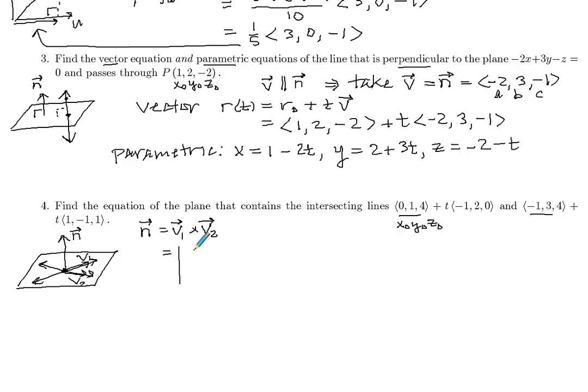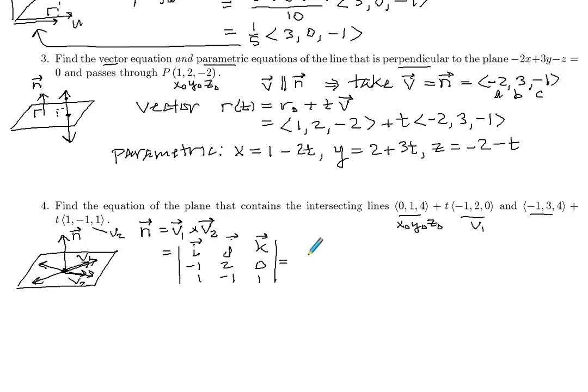So remember, you form a determinant with i, j, k in that first row. V1 goes in the second row, and then right here is V2. So V1 here is (-1, 2, 0), and V2 is (1, -1, 1).